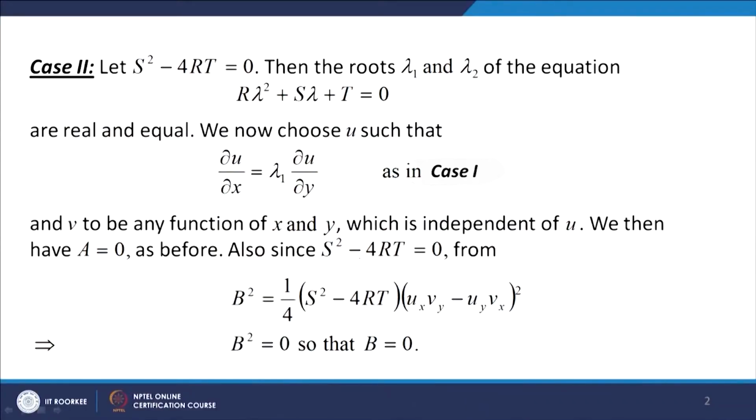Also, since s square minus 4 RT is equal to 0, b square is 1 by 4 (s square minus 4 RT) into (u x v y minus u y v x). u x v y minus u y v x is not equal to 0 because the Jacobian of u and v with respect to x and y is not 0. And therefore s square minus 4 RT equal to 0 gives us b square equal to 0, which implies that b is equal to 0. So we have a equal to 0, b equal to 0 here.